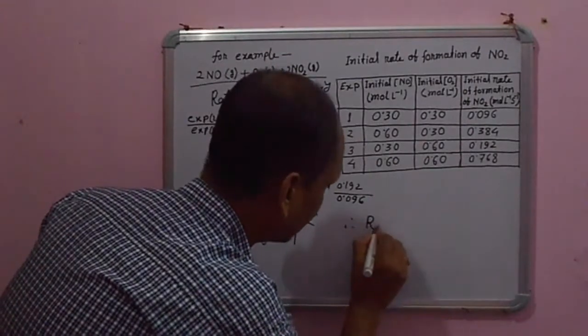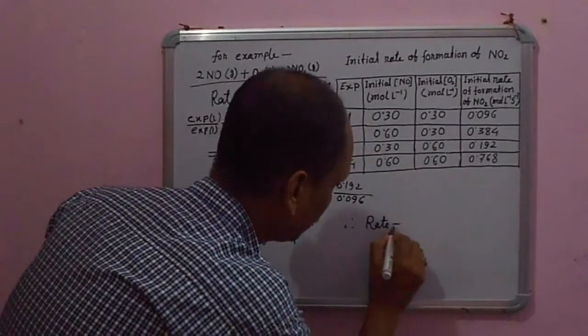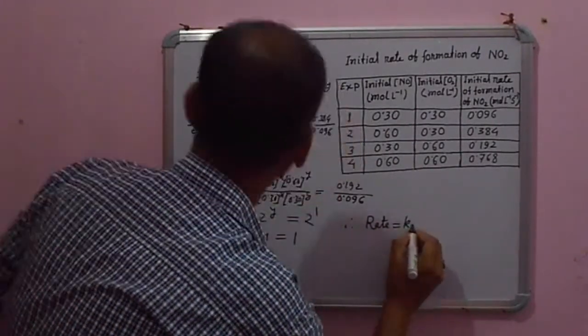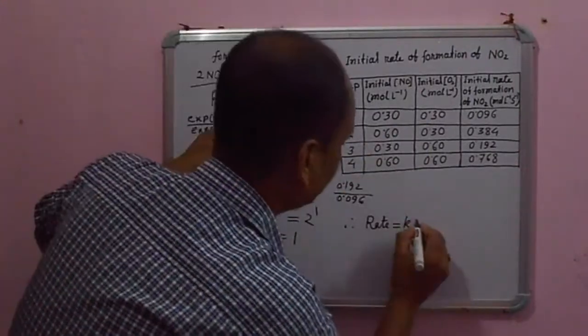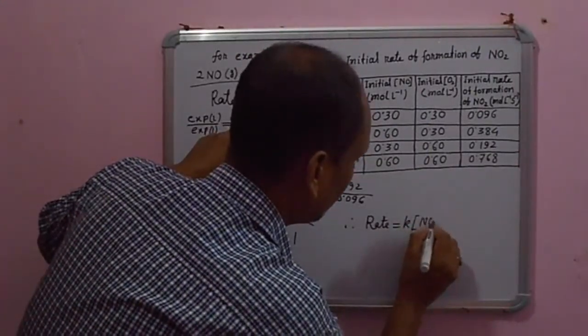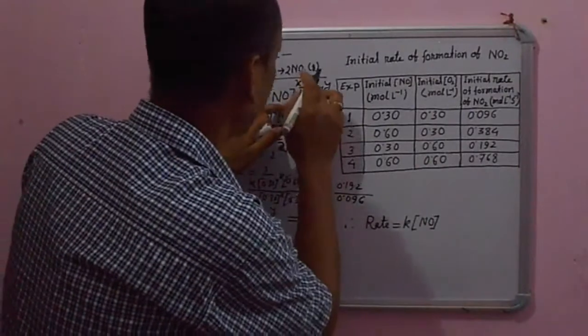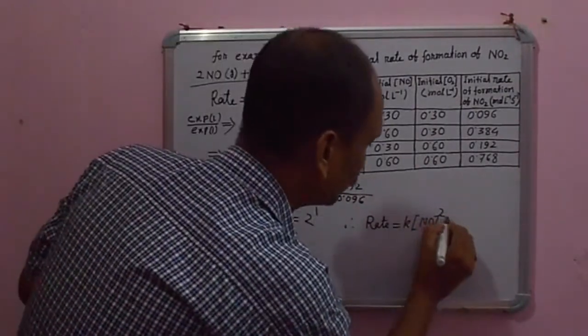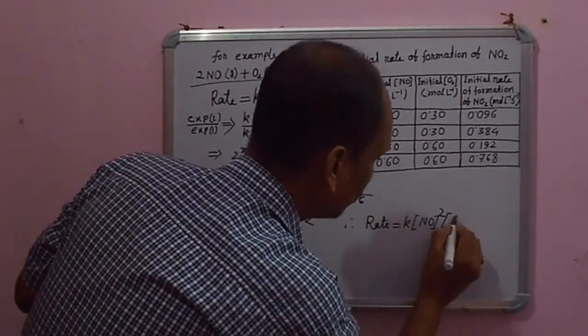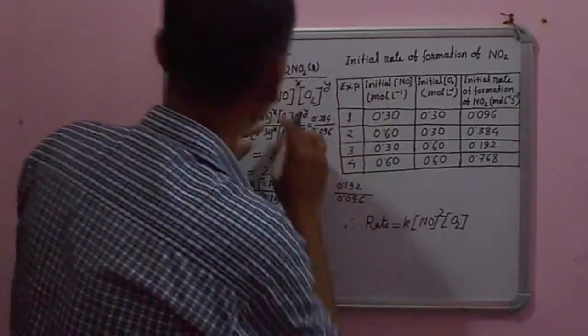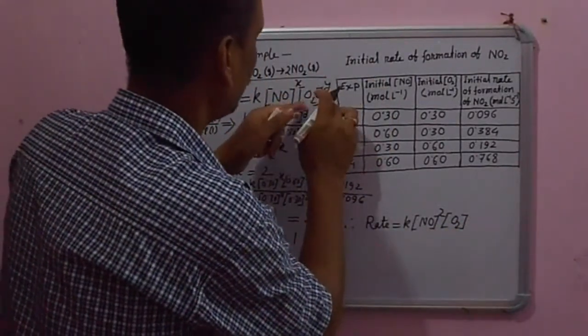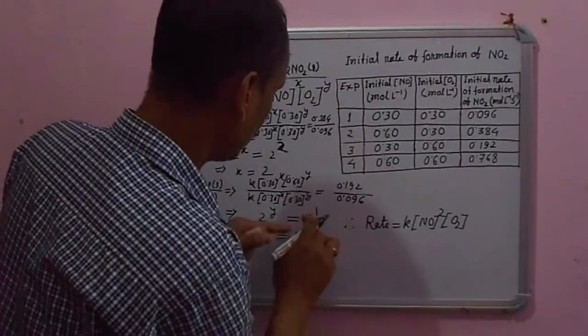So therefore the rate is equal to K, concentration of NO to the power x, here x is equal to 2, concentration of O2 to the power y, so y equal to 1.